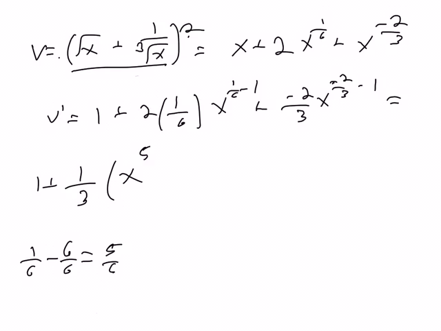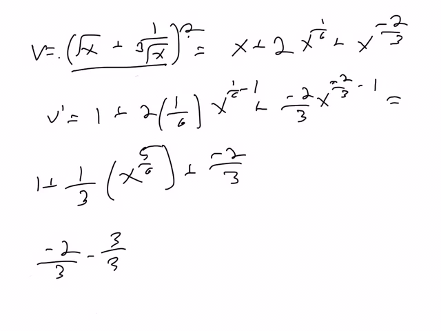So this is x to the negative 5 over 6 plus negative 2 over 3, and then you get negative 2 over 3 minus 3 over 3, which gives us negative 5 over 3 x to the negative 5 over 3, and that is our solution. There's a negative over here because this is 1 minus 6 over 6, which gives you a negative 5 over 6, obviously.